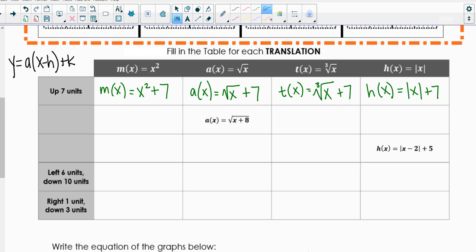Now, if you look at the next line, this is not giving you the actual description. It's just giving you the function. So this is inside your parentheses here, so inside your square root or inside your cubed root or inside your absolute value. It's all the same thing. This means I'm doing a horizontal movement, and we're doing opposite. So it's plus 8, which means we're really going to the left 8.